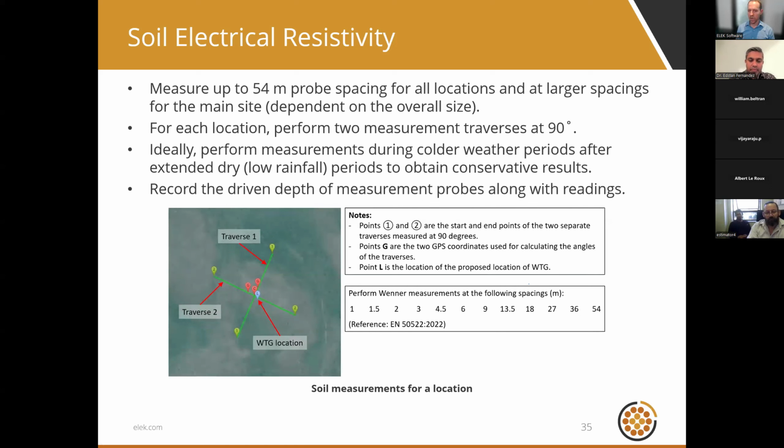We think it's a very good guide. At your location where you're going to install your earthing system, or as near to it as possible, you should measure at least 2 sets of soil electrical resistivity measurements, because those measurements will directly impact the performance results.